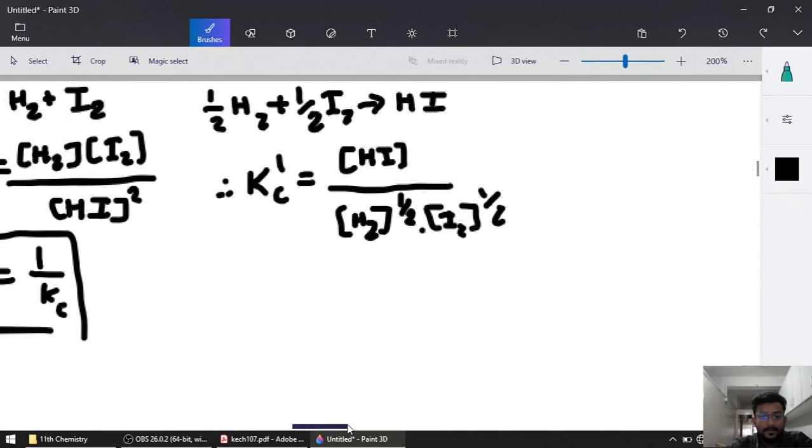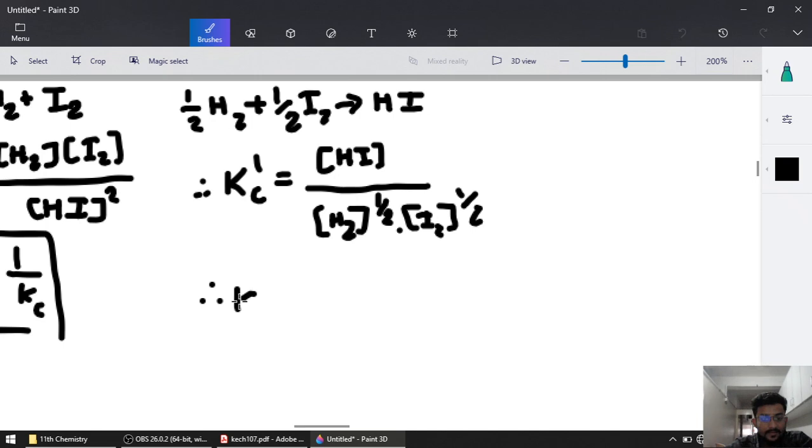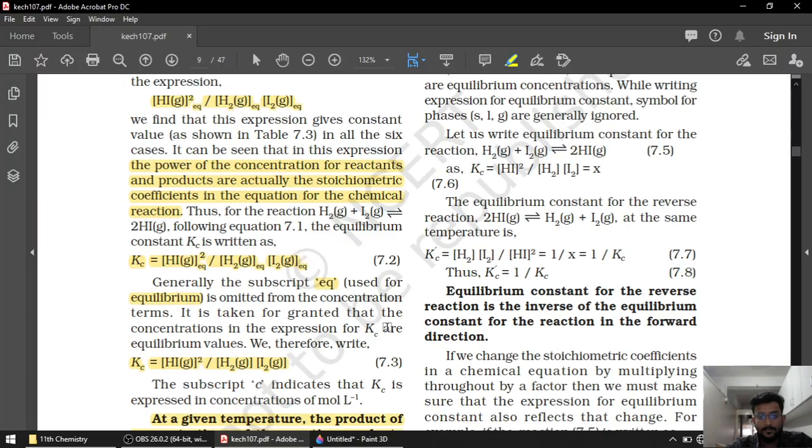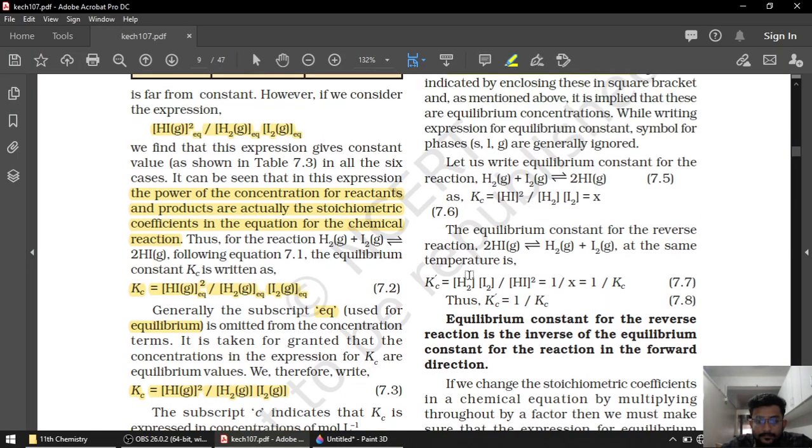So if you multiply the reaction by 1 by 2, your Kc will be raised to the power 1 by 2. So what was the relation over here? Kc dash will be equal to Kc raised to n. If you multiply your reaction by n, Kc will be raised to n. If you write the reaction in the opposite direction, Kc will be the inverse of the original Kc. So the equilibrium constant for the reverse reaction is the inverse of the equilibrium constant for the forward direction.